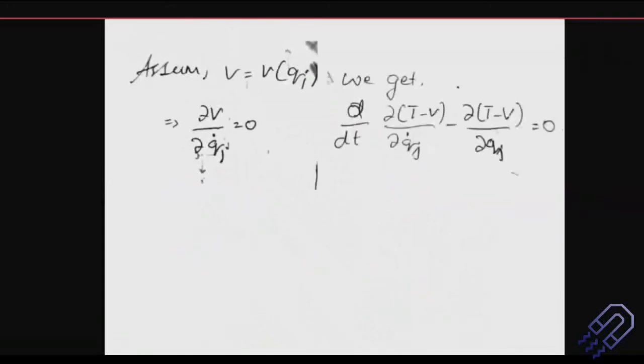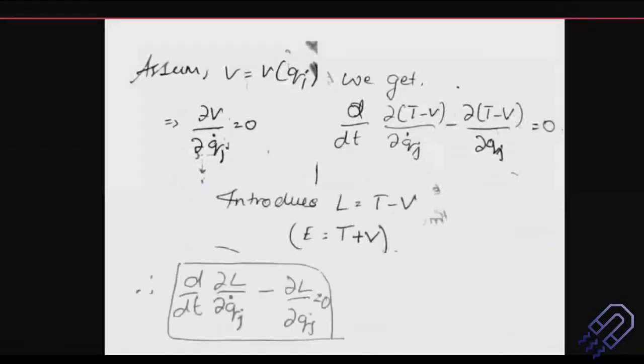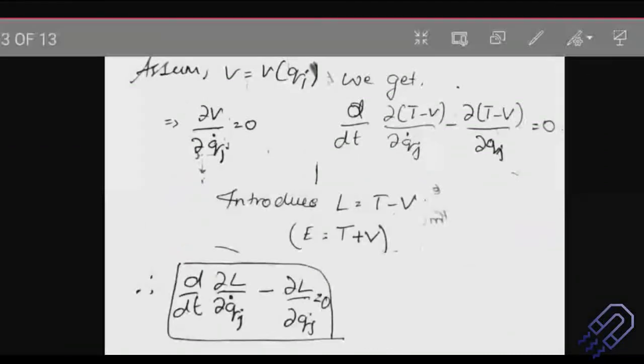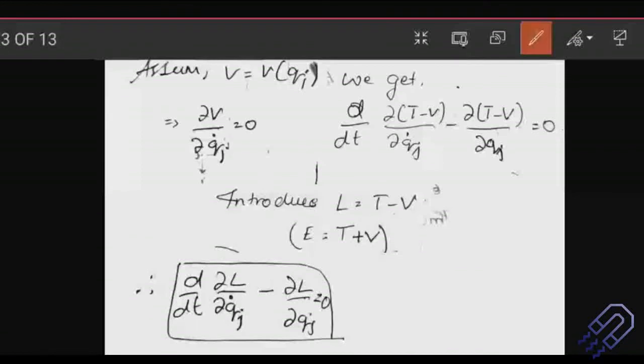But before that, we can do something additional here. When we consider the potential as a function of the generalized coordinates, we have seen in our previous classes that the potential is not a function of the generalized velocity. So delta V by delta qj dot will be 0.